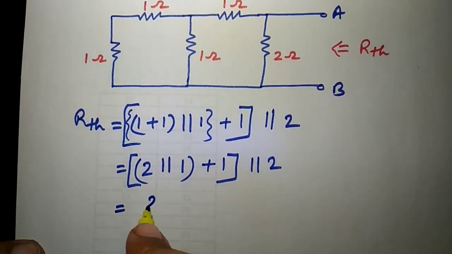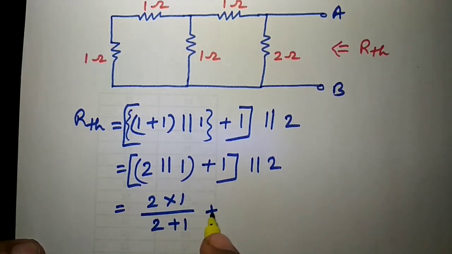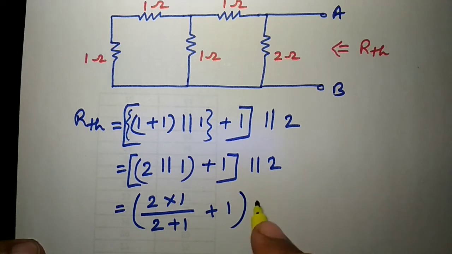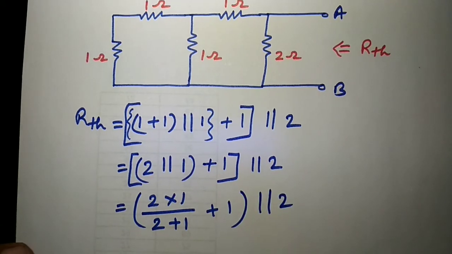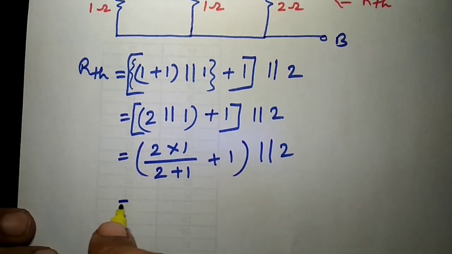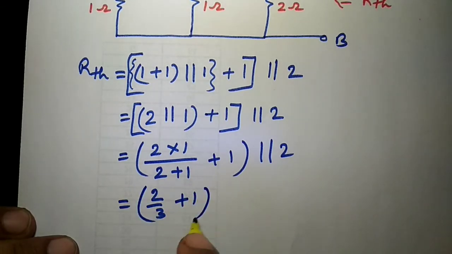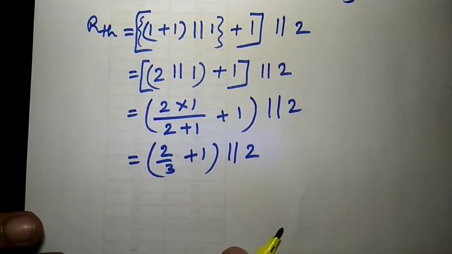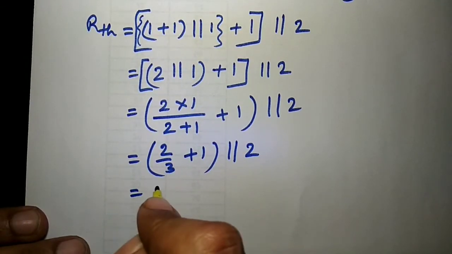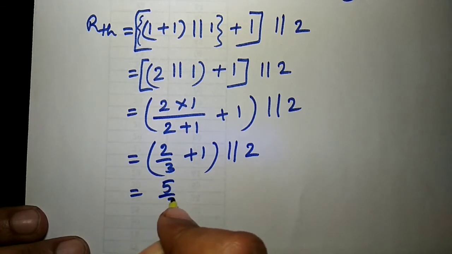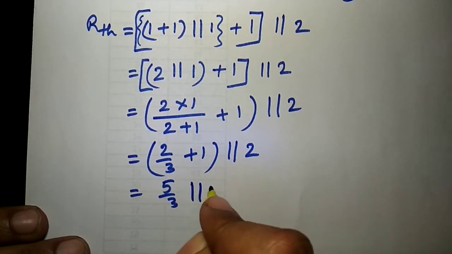So it will be 2 into 1 upon 2 plus 1, plus 1. Then it is 2 by 3 plus 1 parallel with 2. Then it will be 5 by 3 parallel with 2.